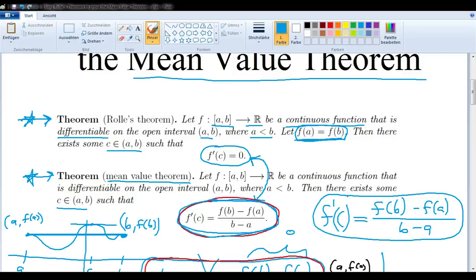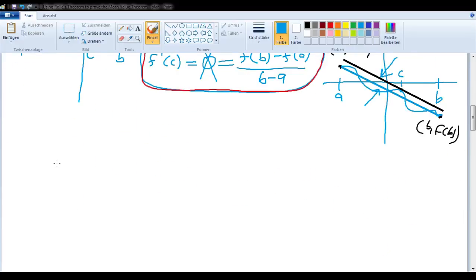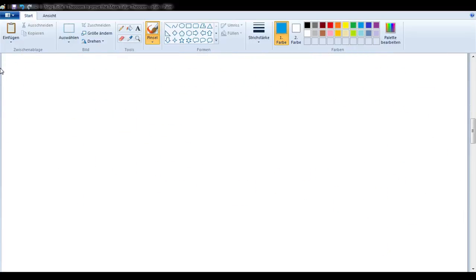If we proved the mean value theorem first, then we could say, in particular, this is true when the slope of that line is equal to 0. But now we're going to do it this way. We're using the special to prove the general. So this is how we want to do this.